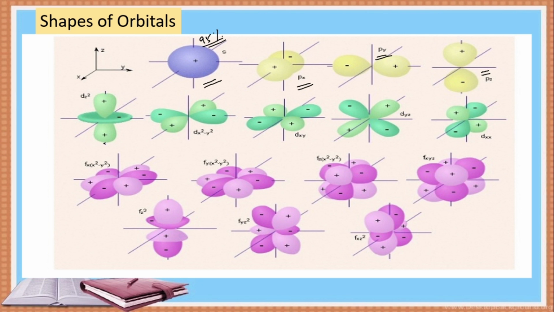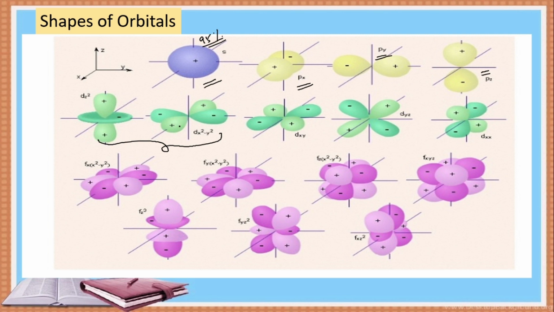Look here, in the case of d orbitals, we have a set of 5 d orbitals: dz square, dx square minus y square, dxy, dyz and dxz orbitals. In the dz square orbital, you can see, students, the lobes are present along the coordinate axis.